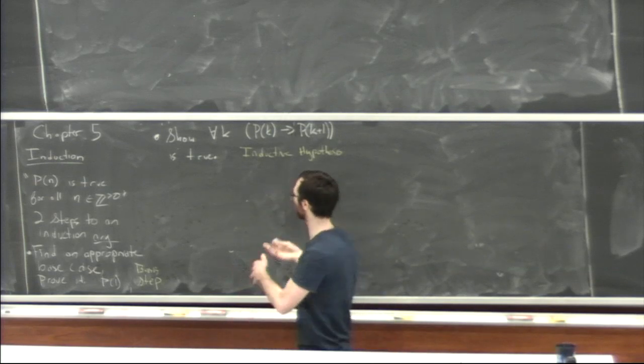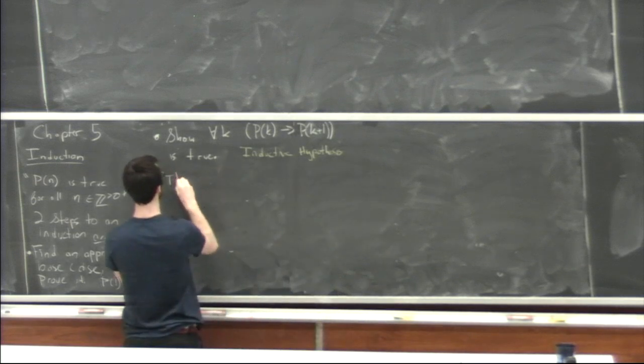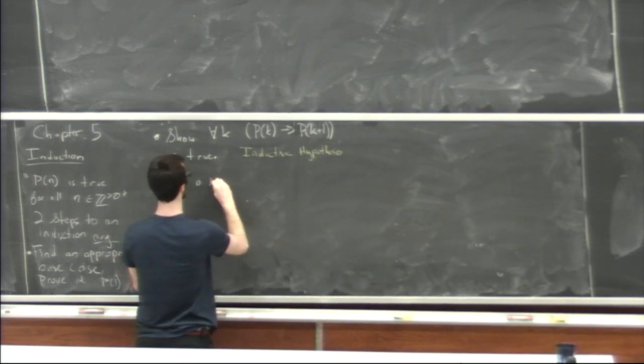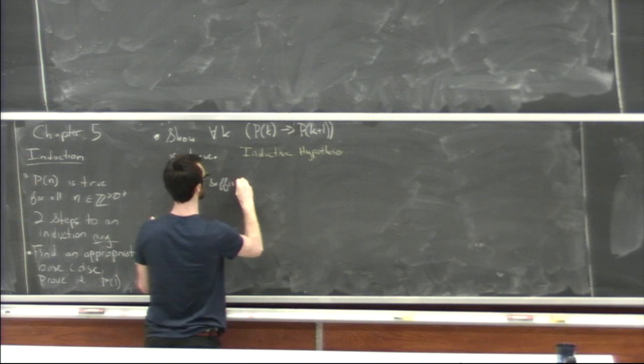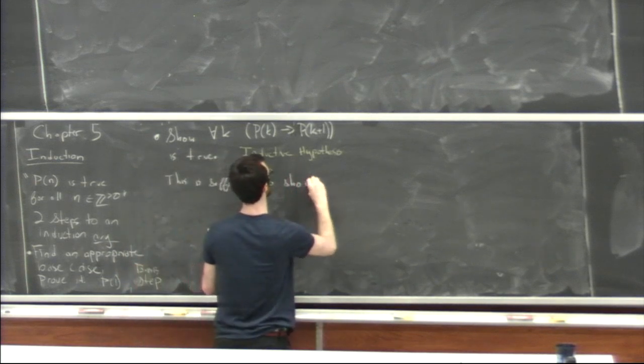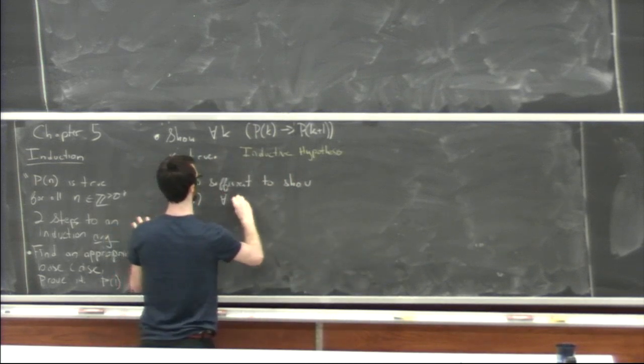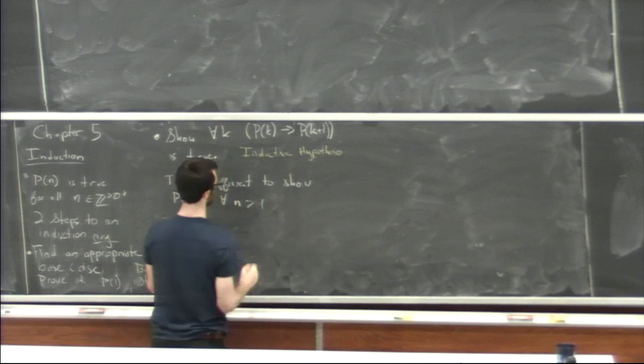So if you prove these two steps, then this is sufficient to show P(n) for all n where n is greater than or equal to 1.